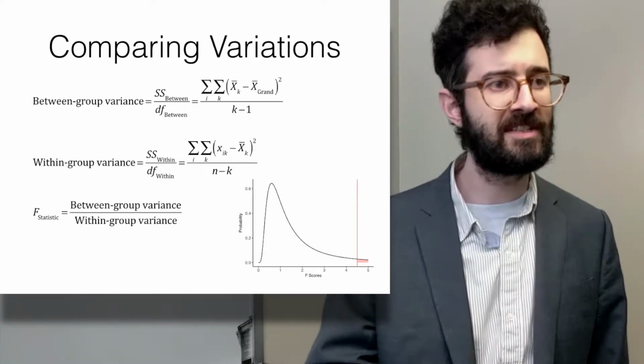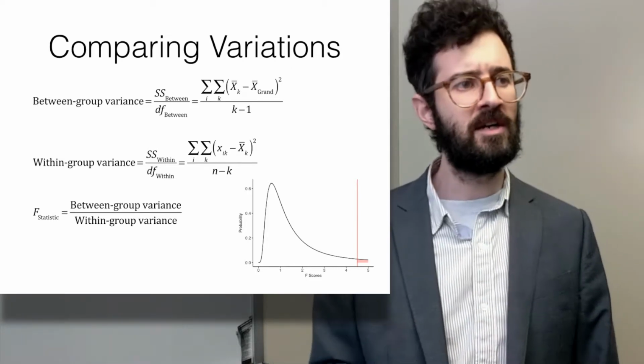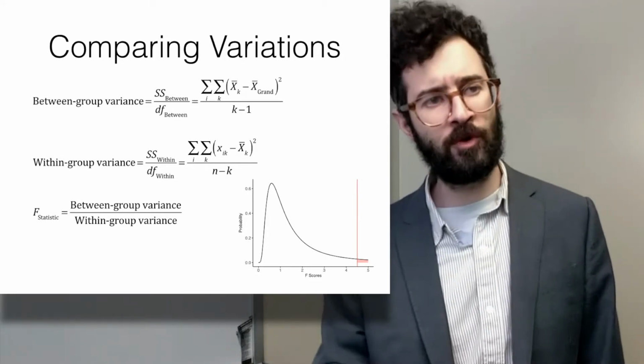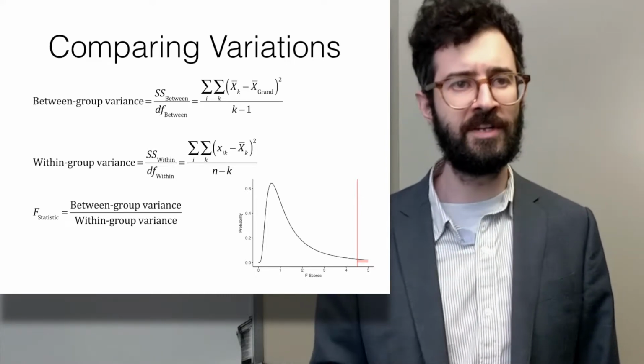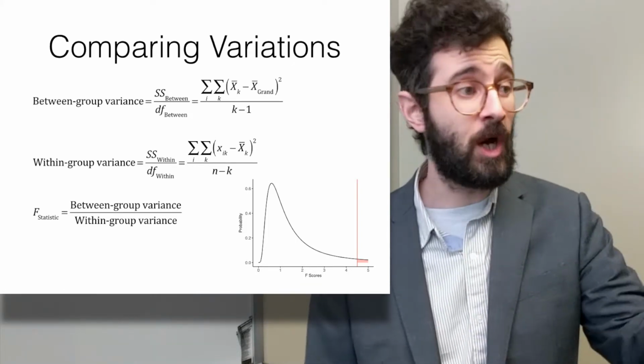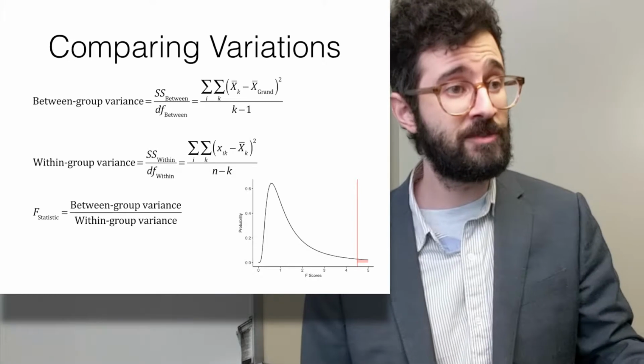So F statistics that are more toward that kind of lower end of the curve are more likely to occur than those more toward the upper tail of the distribution. So we have the ability to go out to populations and collect random samples.